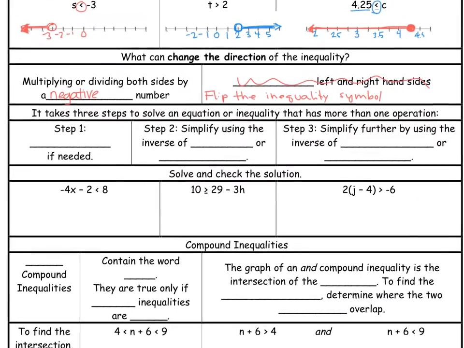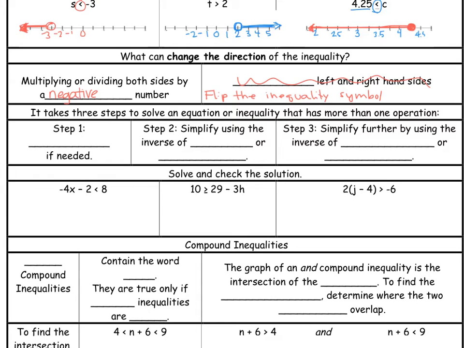Okay, so just like when we solve equations, first step is always to distribute if you need to. Simplify using the inverse of addition or subtraction. And this is the step right here. This step 3 right there.